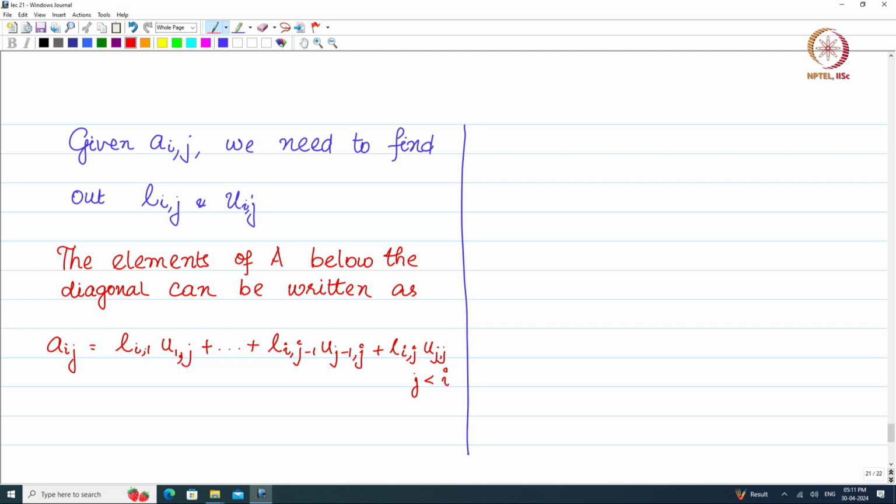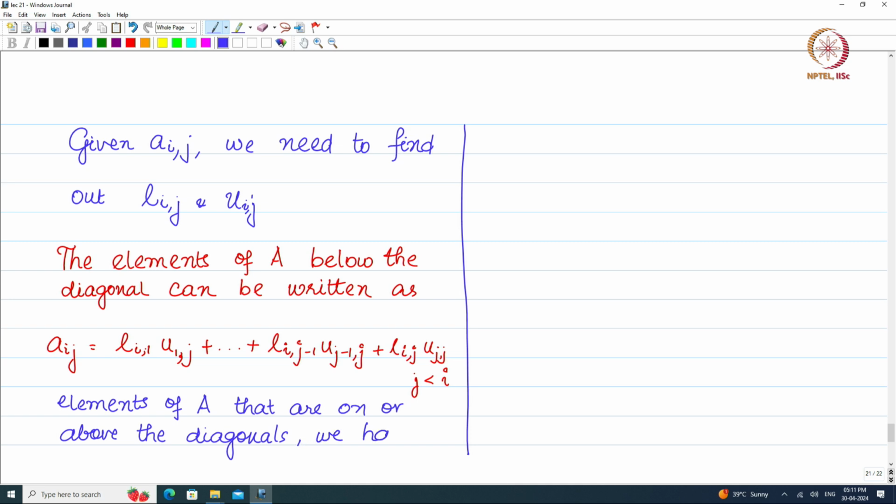And we can see very clearly that for the elements of A that are on or above the diagonal, we have the following.